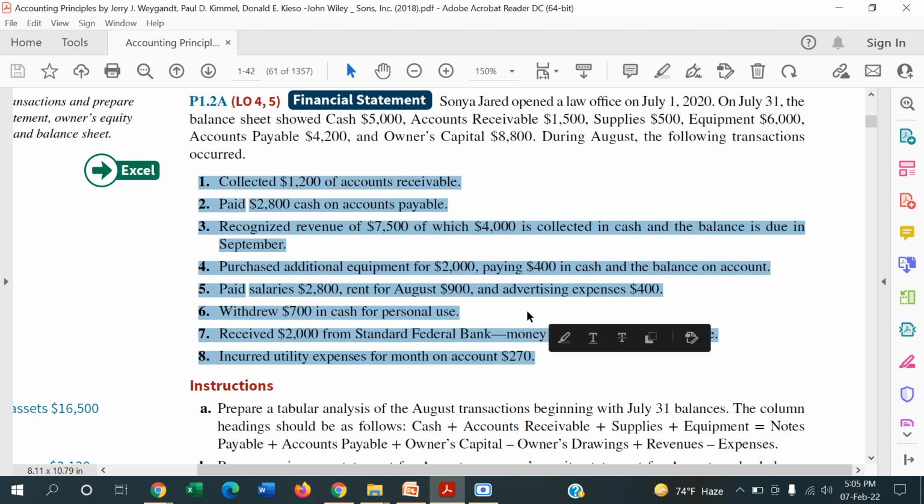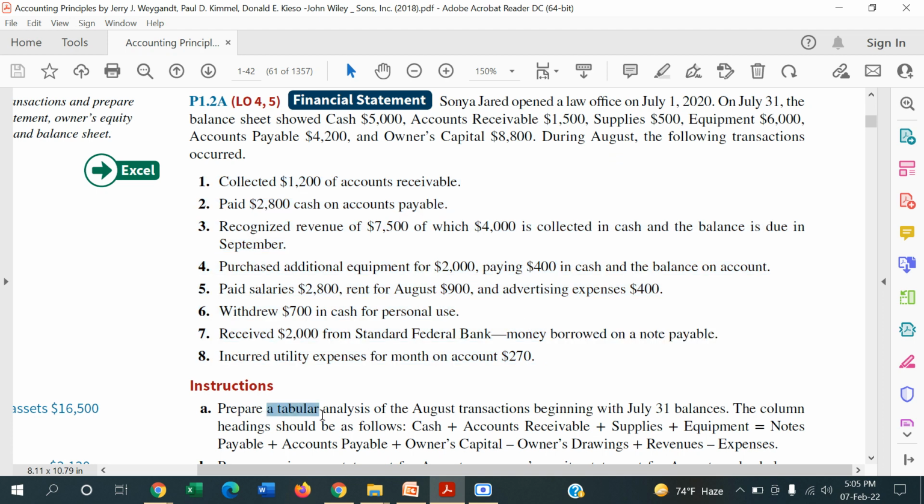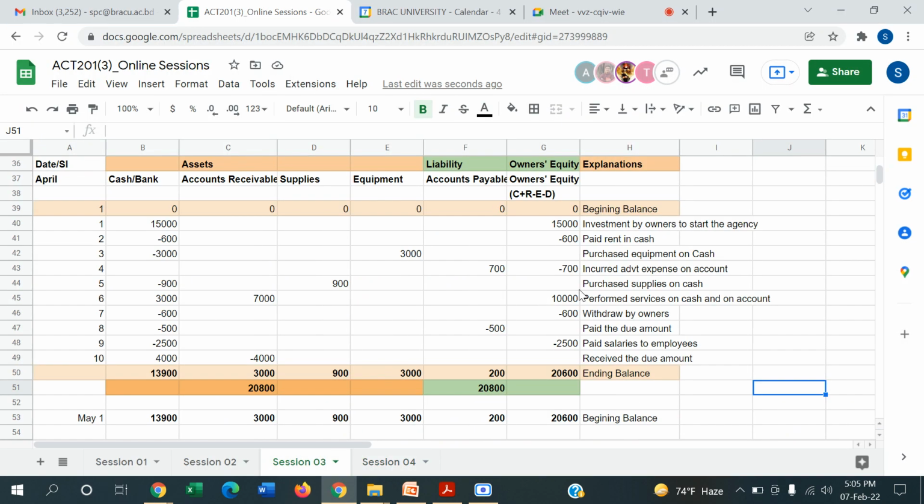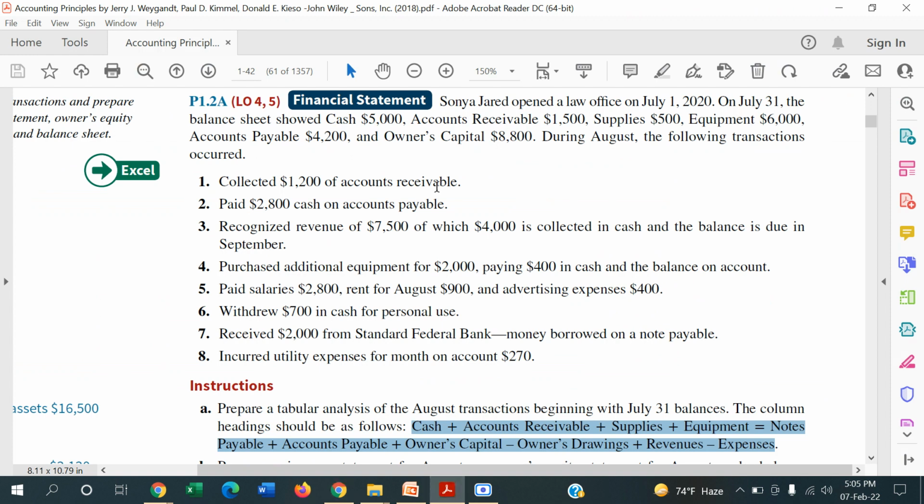You are asked to show the effect of these transactions in the tabular analysis, that means the accounting equation. The account titles are also given here. You can follow the same format we have used in this example, and by following the same format, prepare a tabular analysis for the transactions given here.